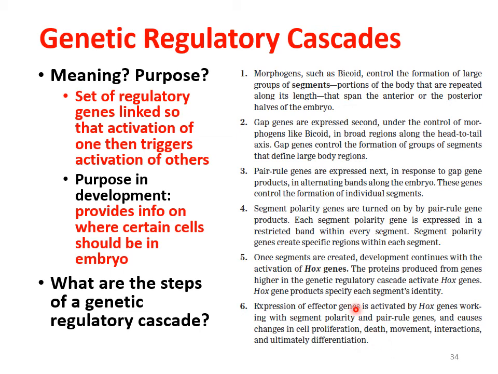Now, you don't have to memorize all of these steps. The key that I want you to know is what exactly is a genetic regulatory cascade. Why does this occur? What's its purpose? And I want you to know the Hox genes that we're going to talk about in a little more detail in the coming slides.